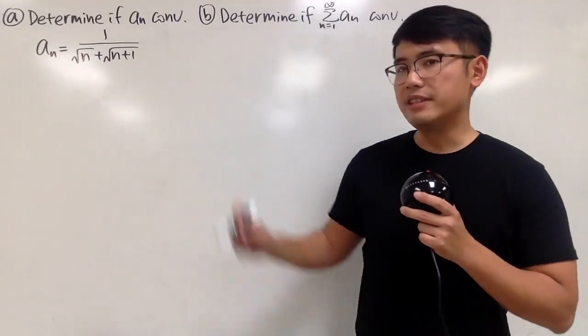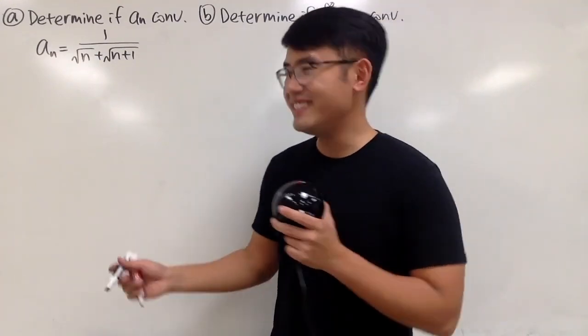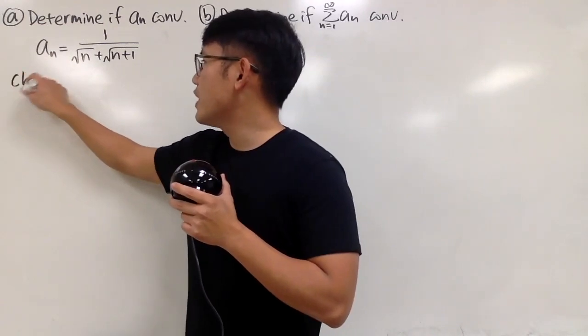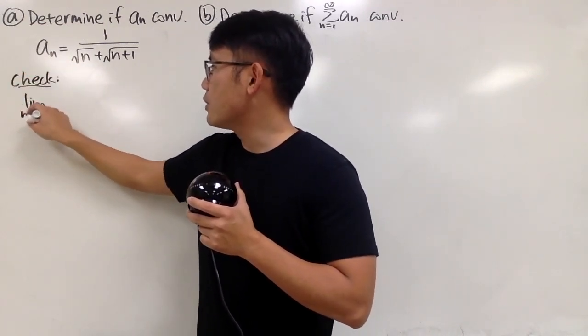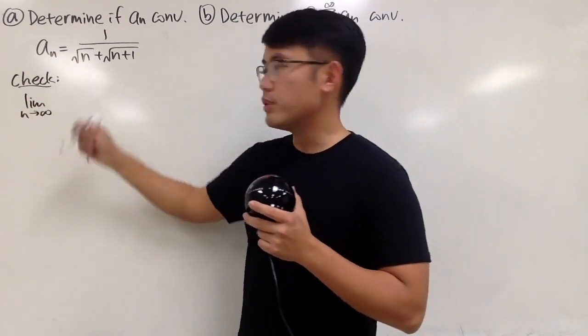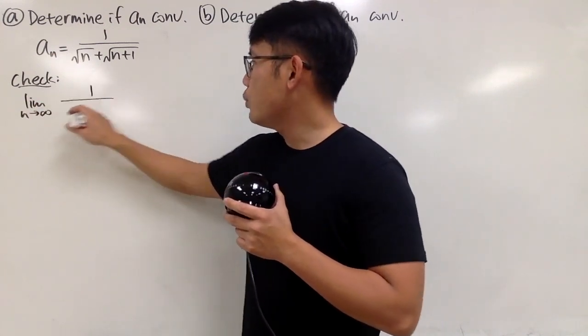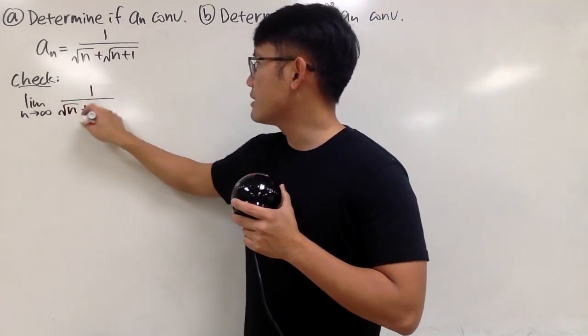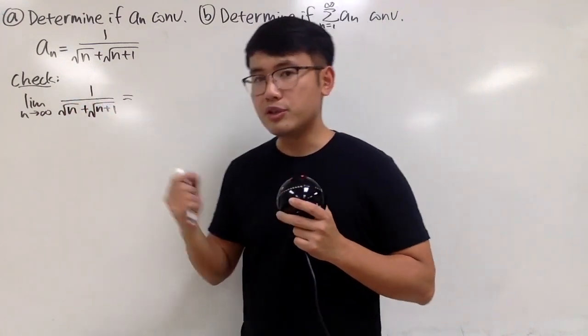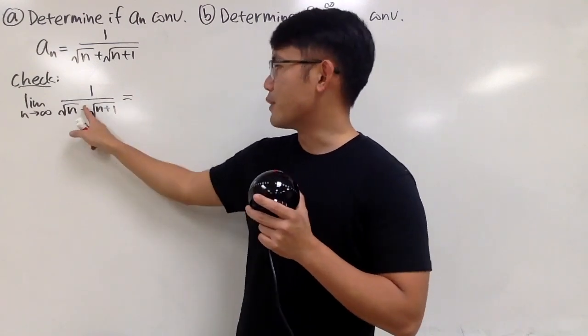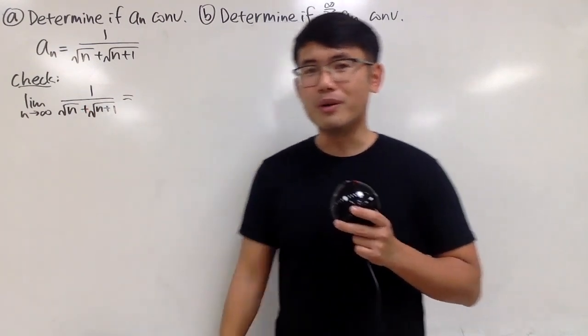Okay, here we have this a_n. Does it converge? We'll see. Of course, this is our check. All we have to do is take the limit as n goes to infinity of 1 over square root of n plus square root of n plus 1. This question is actually much easier than the minus version, which is the one that we did before.